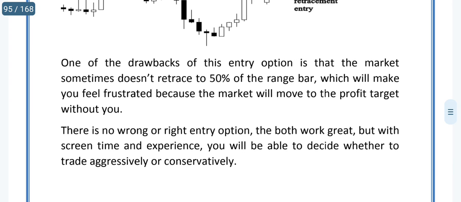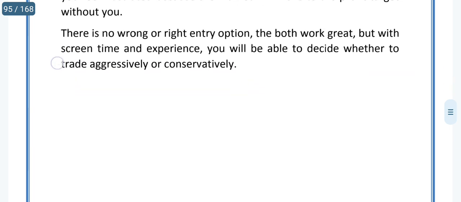But you have to understand that there is no wrong or right entry option. They both work great, but with time and experience, you'll be able to decide whether to trade aggressively or conservatively.